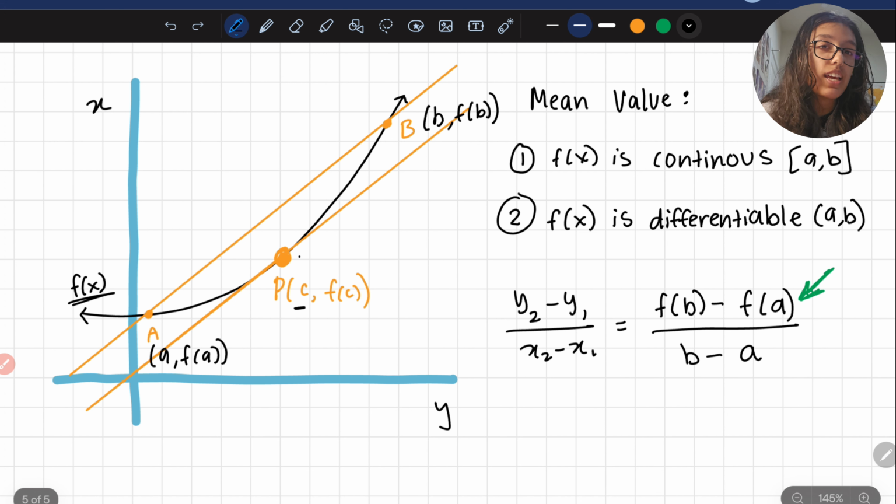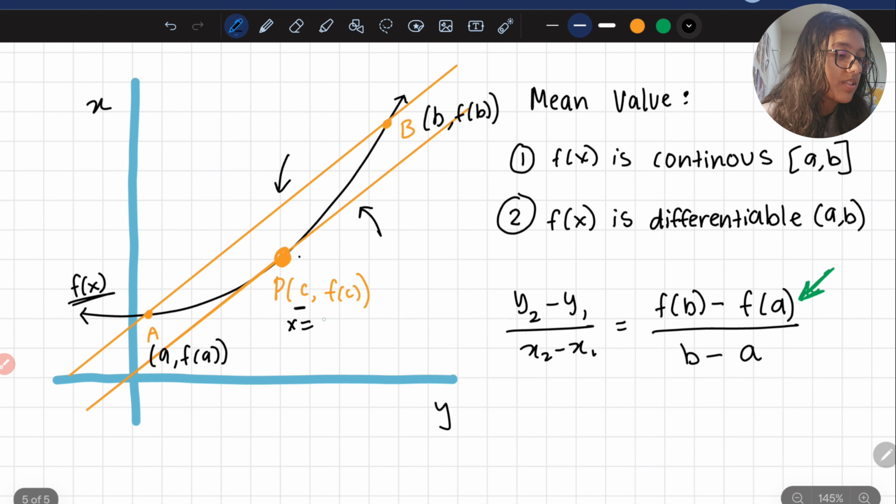That's basically saying that there must be a value c in between a and b, in the domain, such that when you draw a tangent at that x value, the slope of that tangent will be equal to the slope of the line passing through a and b. We can see that right here.